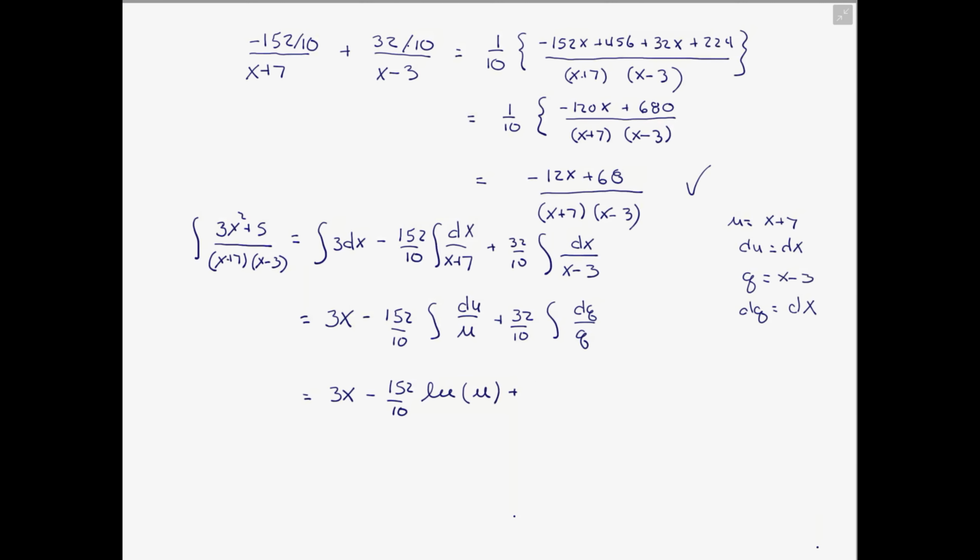3x minus 152 tenths natural log of u plus 32 tenths natural log of q plus c, which when we go back to our original variables, we have minus 152 tenths natural log of x plus 7 plus 32 tenths natural log of x minus 3 plus c.